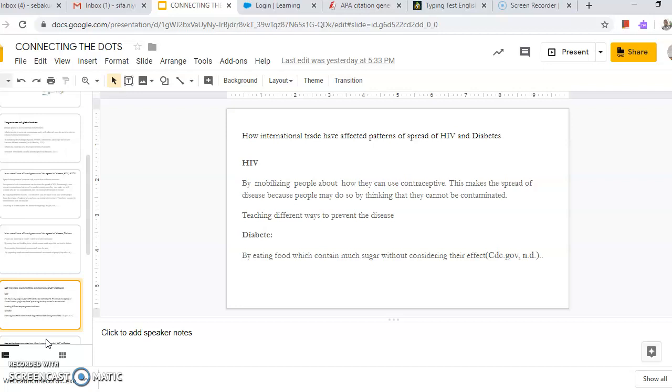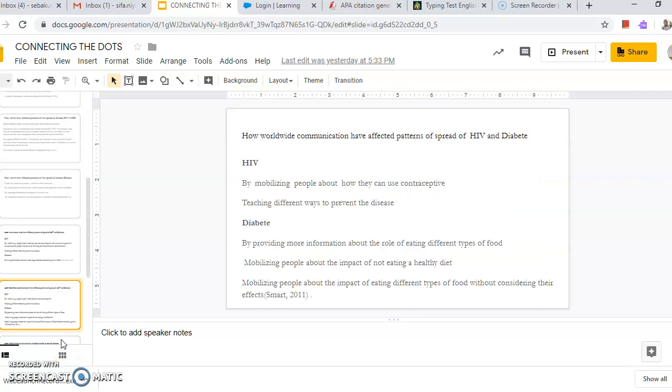Teaching different ways to prevent the disease can help partners like traders to spread HIV. Diabetes: by eating food which contains much sugar without considering its effect.